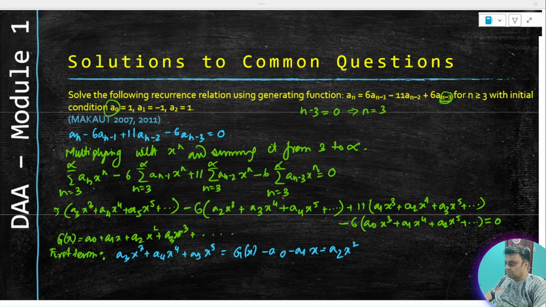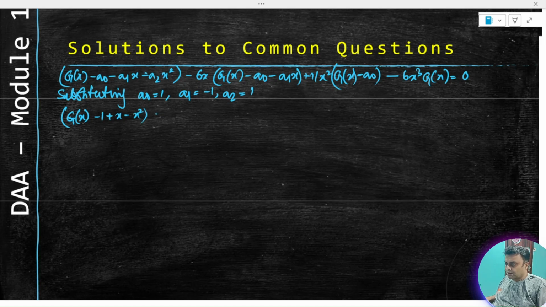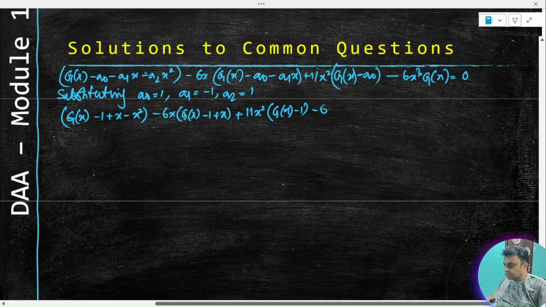So if we substitute these values, so we'll say substituting a0 equal to 1, a1 equal to minus 1, a2 equal to 1, we will get g(x) minus 1 plus x minus x square minus 6x g(x) minus 1 plus x plus 11x square g(x) minus 1 minus 6x cube g(x) equal to 0.